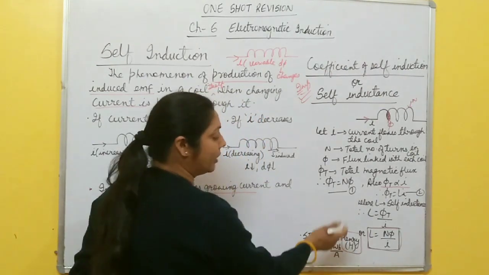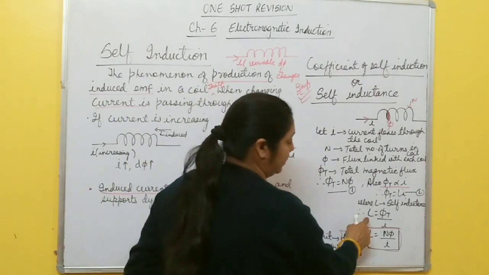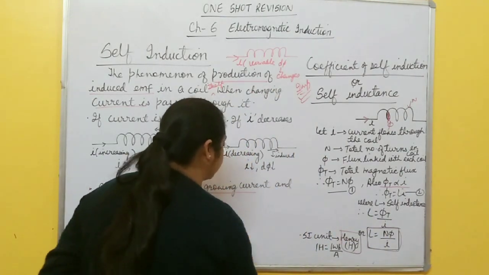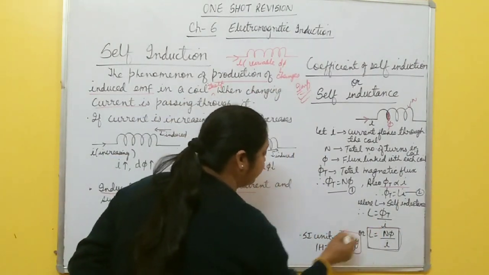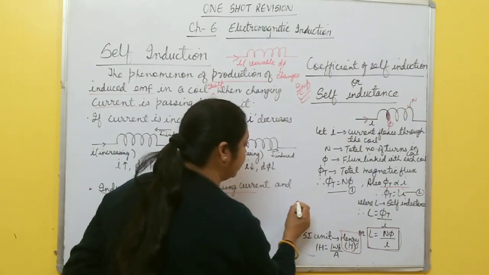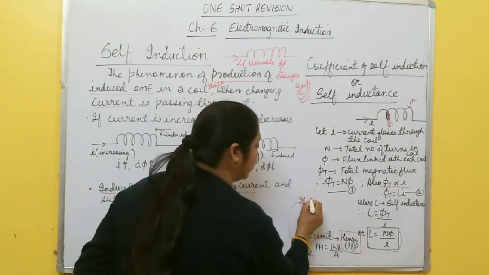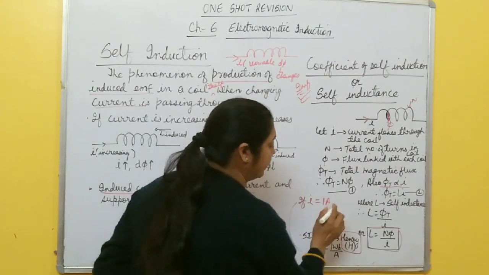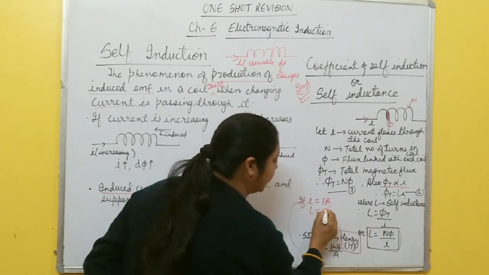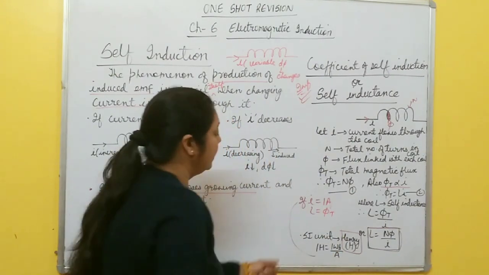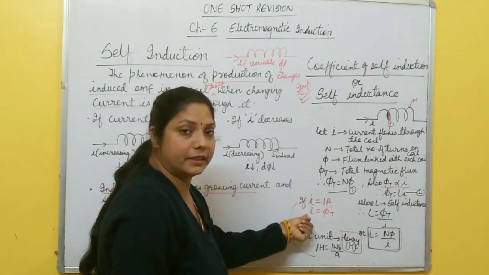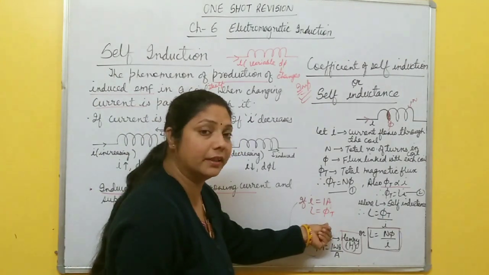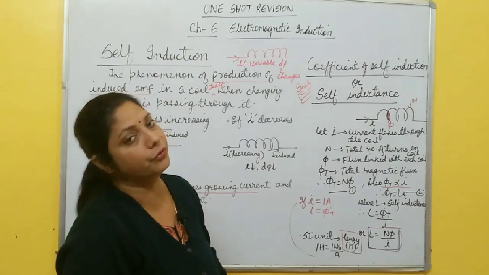From here you can also define self-inductance. If the current is 1 ampere, then L equals phi t. So you can say that the coefficient of self-inductance is numerically equal to the total magnetic flux linked with the coil if unit current flows through the coil.